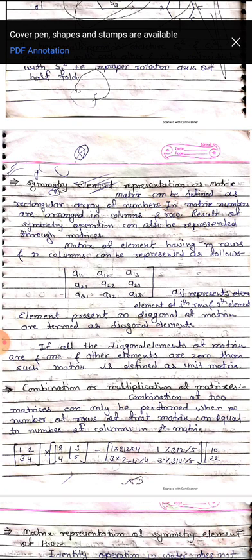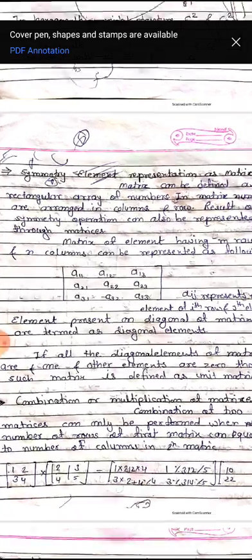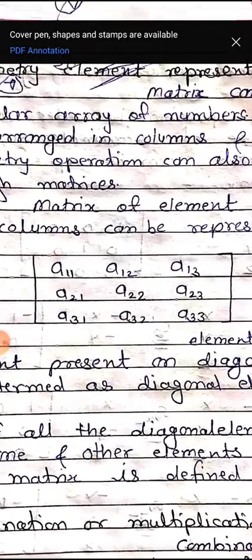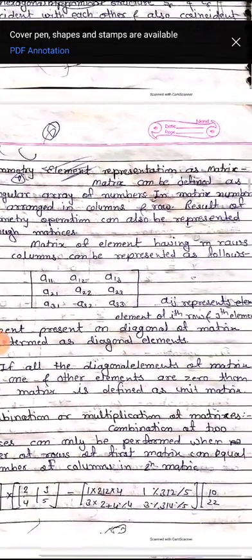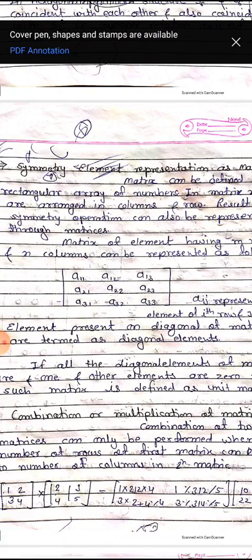A matrix having m rows and n columns can be represented as follows. You can see the matrix representation that has m rows and n columns.